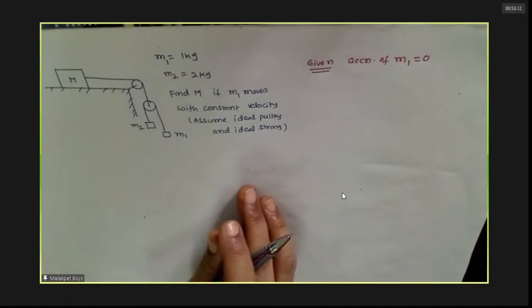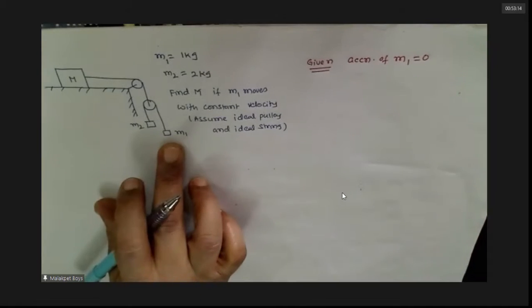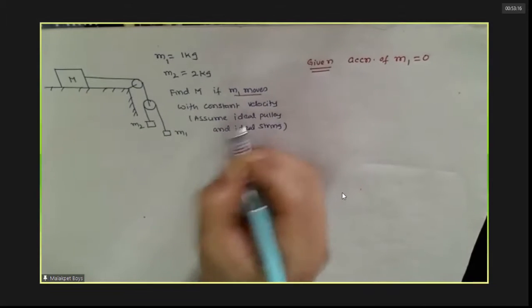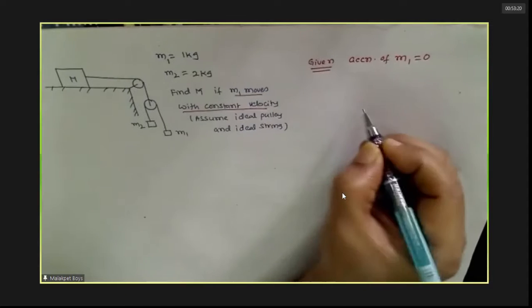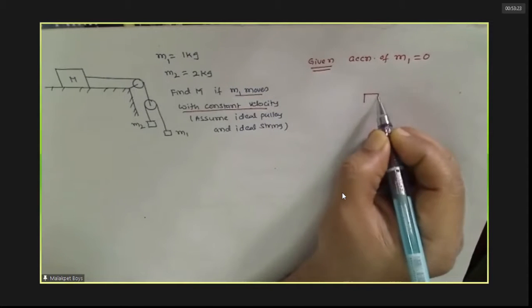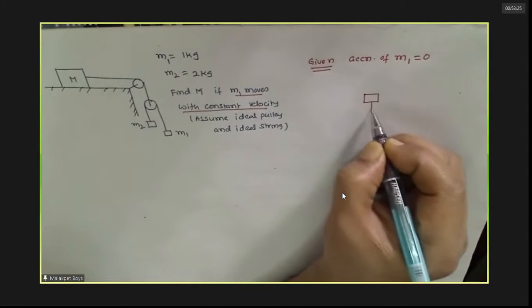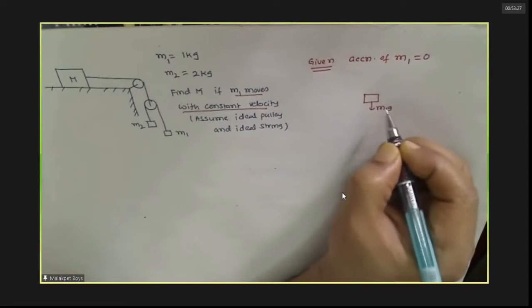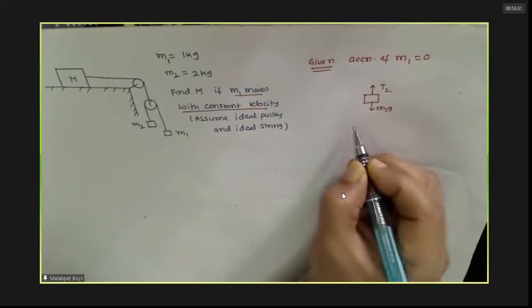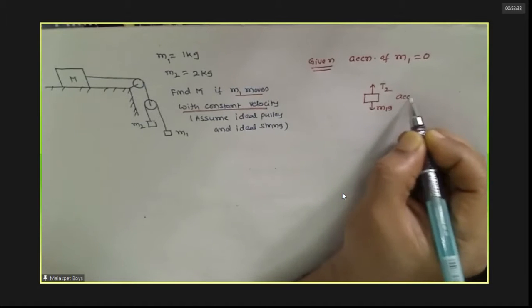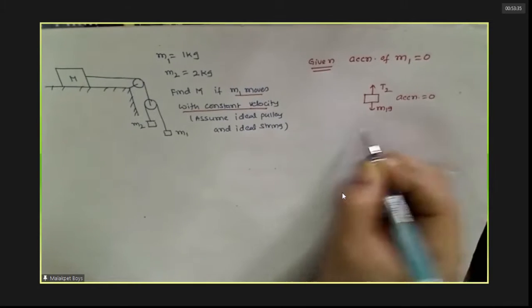Do you agree with this? M1 moves with constant velocity. So let this be the string in here. Because acceleration is 0, what can we take?